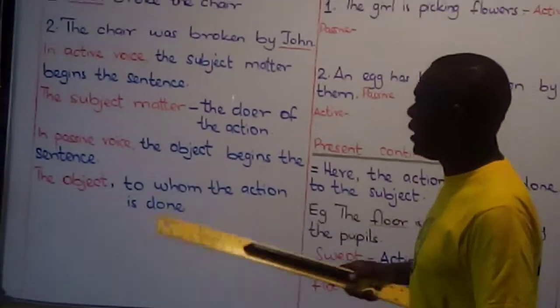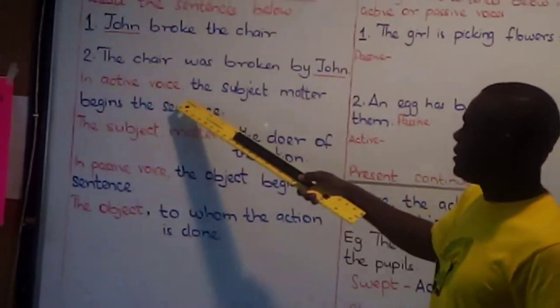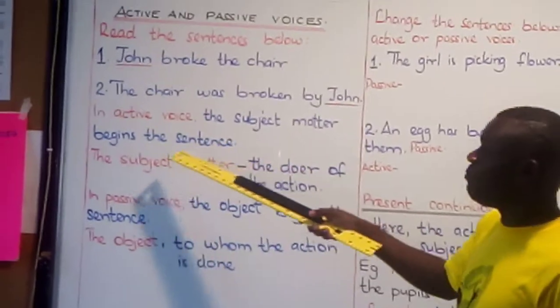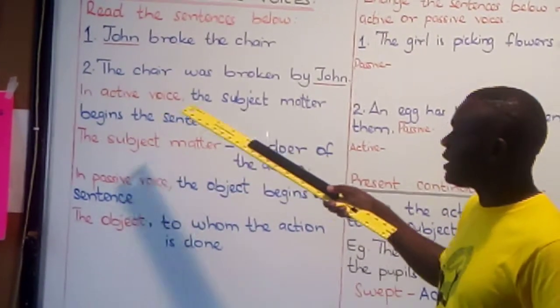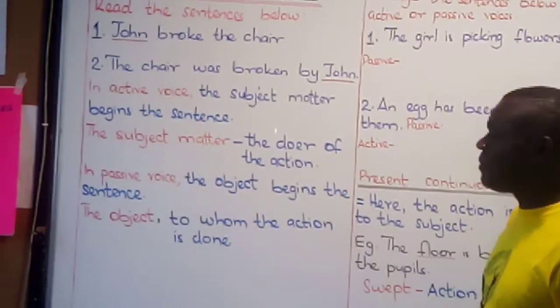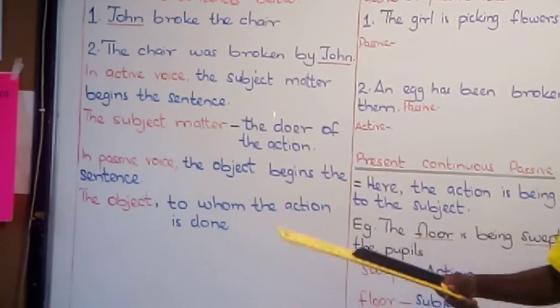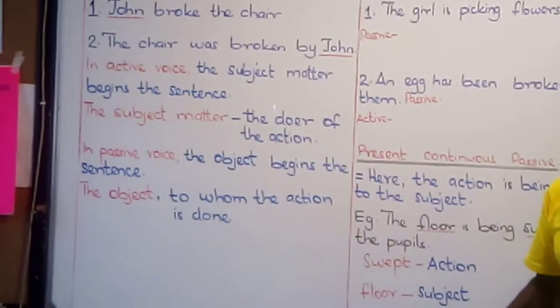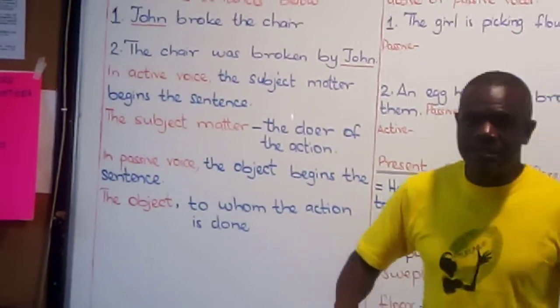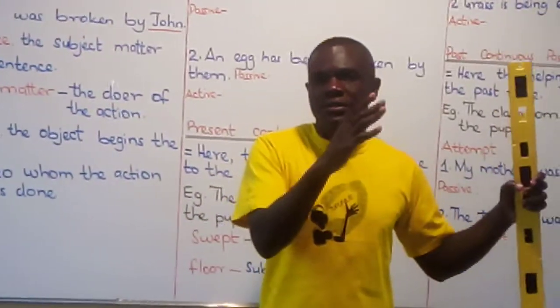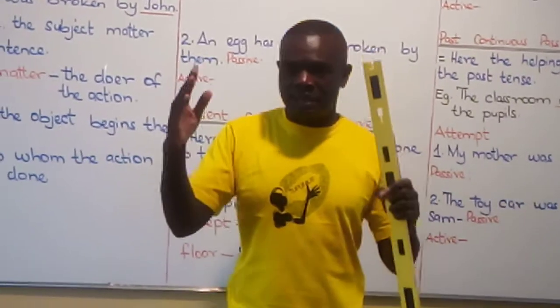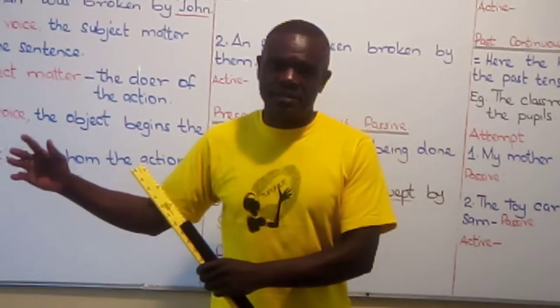Now let's look at active voice. The subject matter begins the sentence. And the subject matter here, boys and girls, is the doer of the action. Who did the action? Remember, in a sentence, we have the subject matter, the action, and the object.